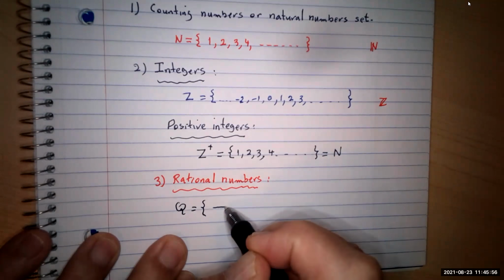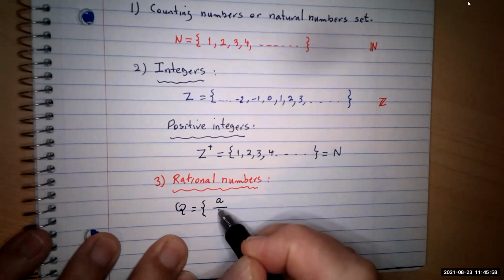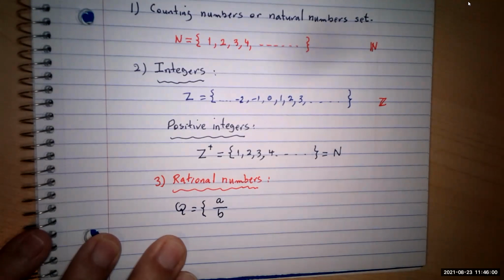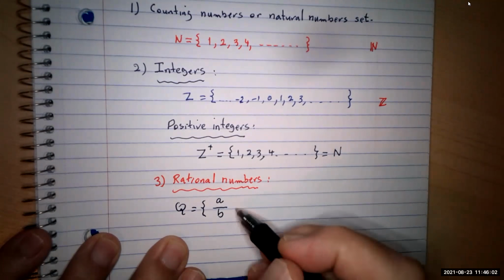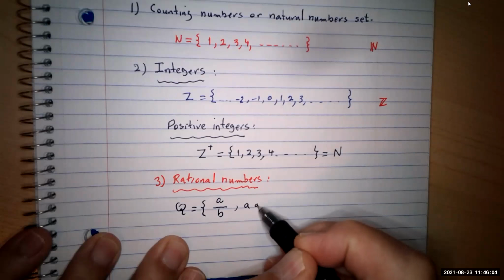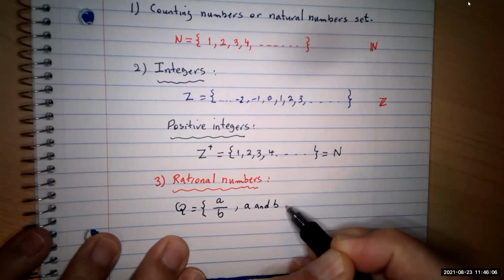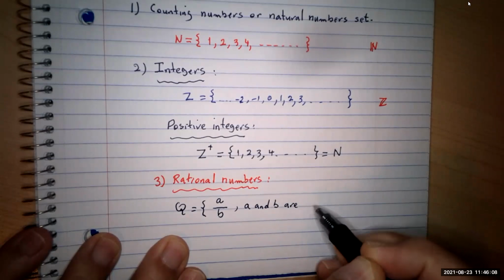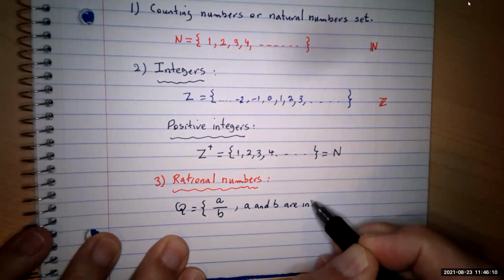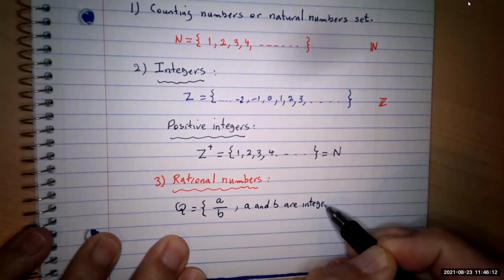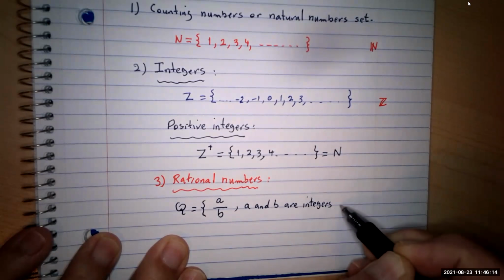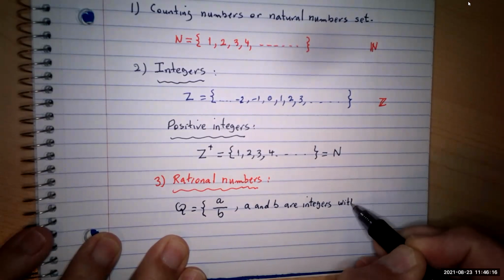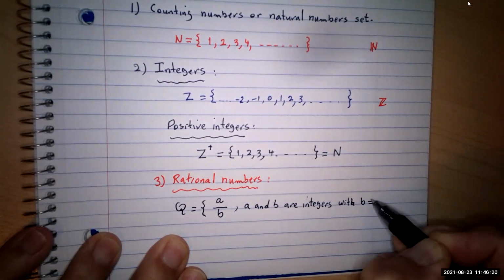This is going to be a number of the form A over B, where A and B are integers, with one condition: that B is not 0.